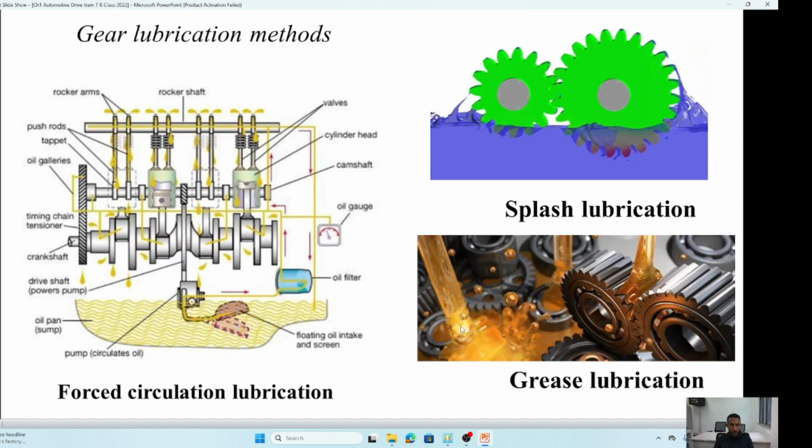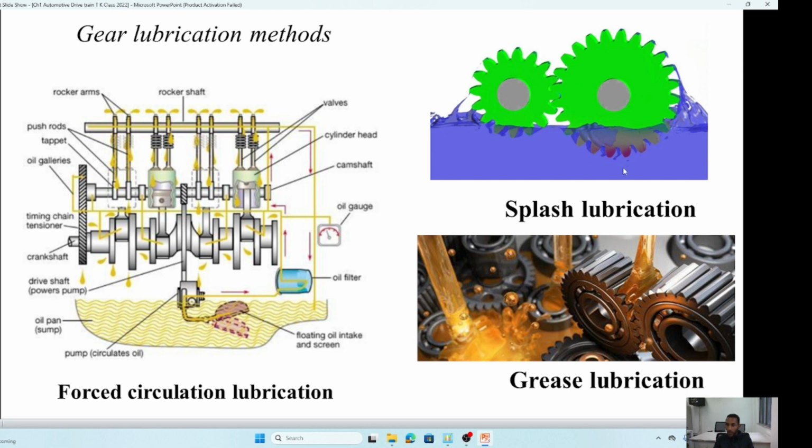Let's see one by one. If you apply some grease here, when this rotates, of course, it is semi-solid, so it cannot easily separate from the gears. It can stay there and create better lubrication in between.